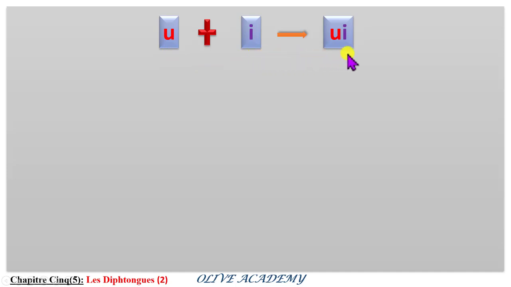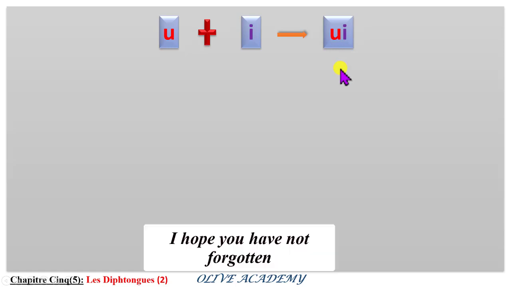And in the syllable that they have come together to form, they all sound inside. So we have UI. It starts with the first vowel and ends with the second vowel. That is diphthong. J'espère que vous n'avez pas oublié.